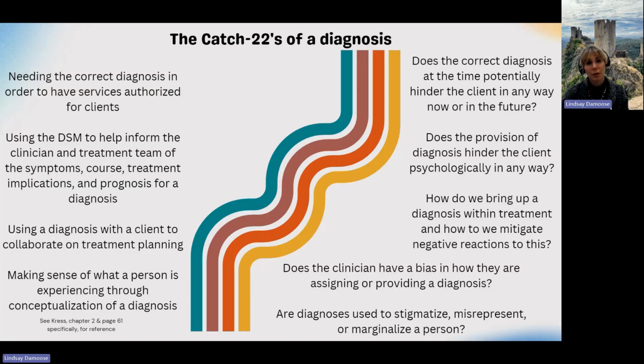And so it's our job to be able to support a person in terms of their knowledge and their learning when we deem that it is appropriate to share our working understanding of a diagnosis with a client or a patient. But there are limitations to that. We don't always share that information with people.